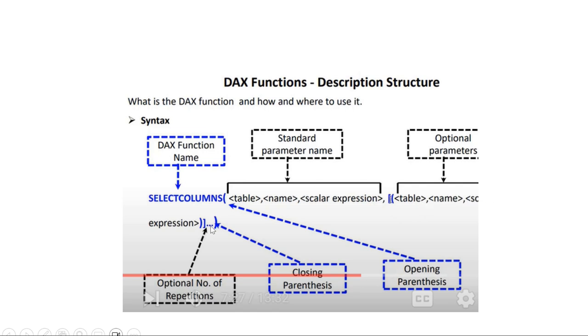And these dots tell us that there may be an optional number of repetitions of the same values. So this is how the DAX function syntax exists. There may be some standard parameters, there may be some optional. So up to this, these are standard parameters and in this, these are optional, and there is a closing parenthesis. This is the opening parenthesis.